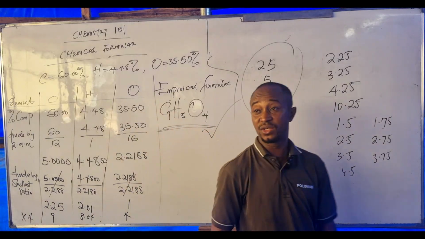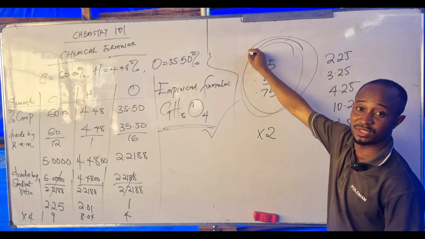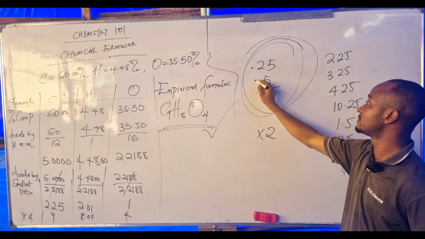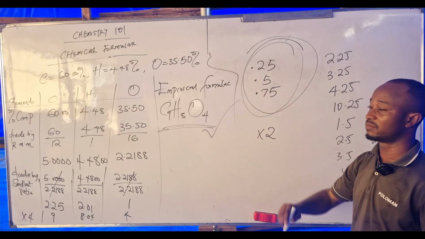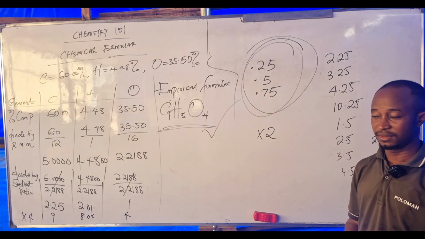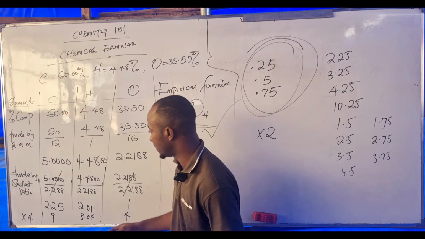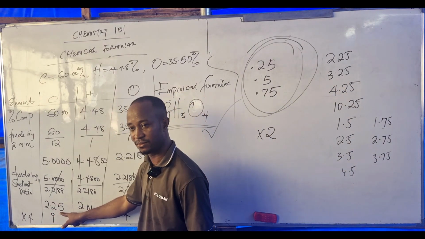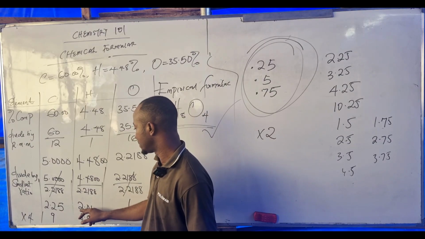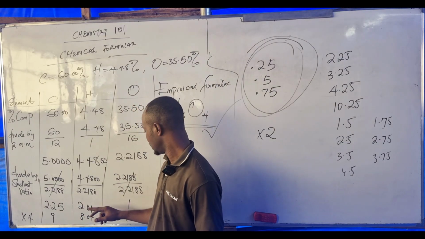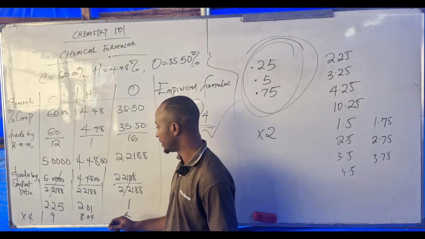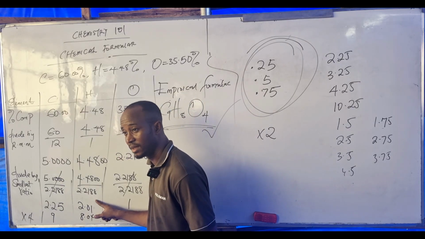Before you multiply, you have to take the three conditions, which is when you have .25, .5, and .75. Sometimes, let's say if here is 2.20 and here is 2.75, what will I do? I will concentrate on this one.